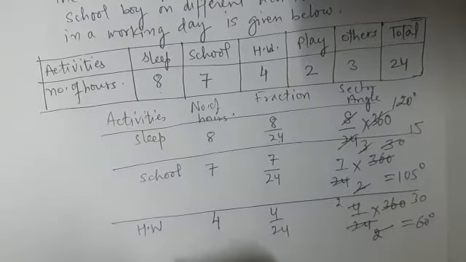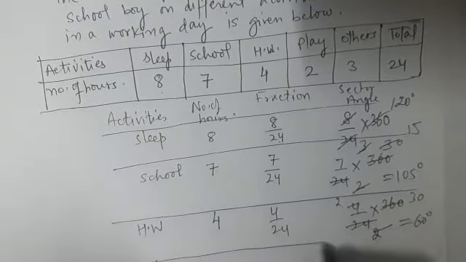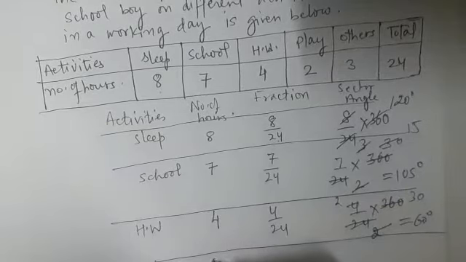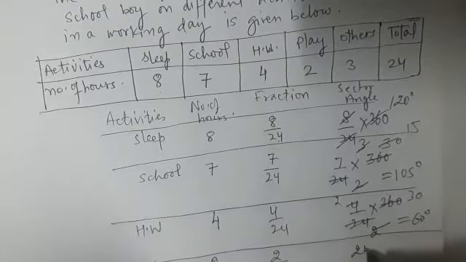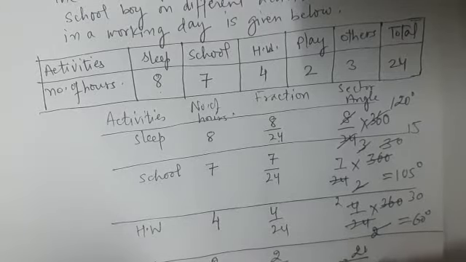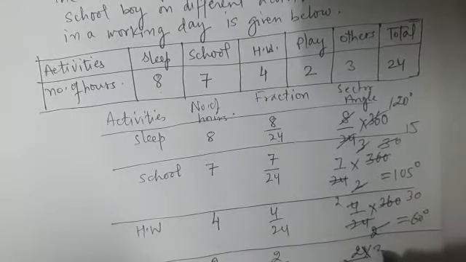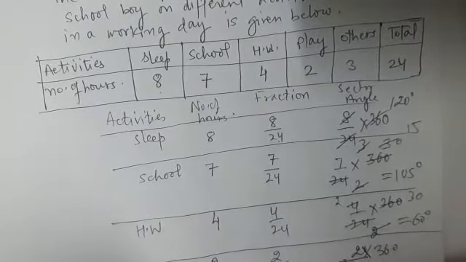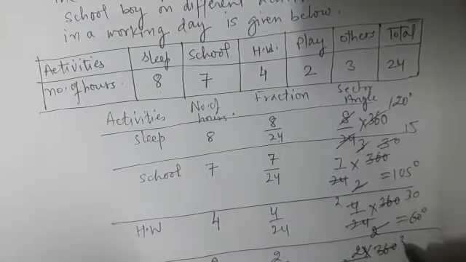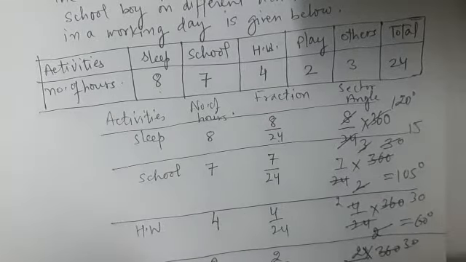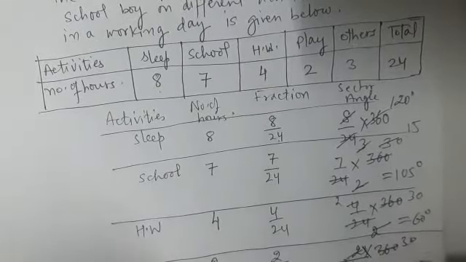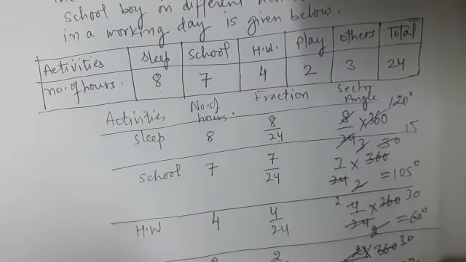Fourth activity is play. Play is given to be 2 hours. So 2 by 24 and the sector angle will be 2 by 24 multiplied by 360, so that comes out to be 30 degrees.